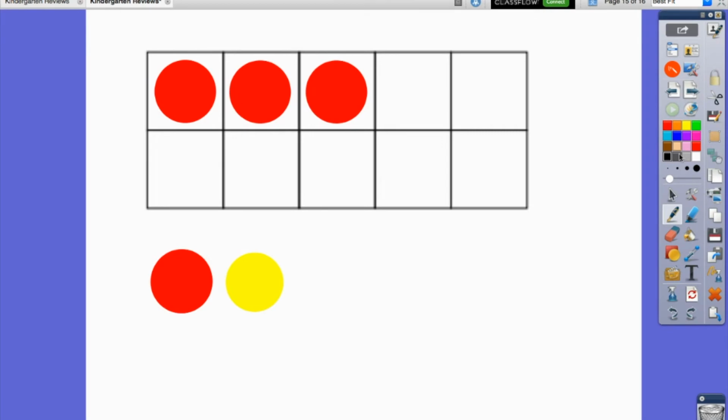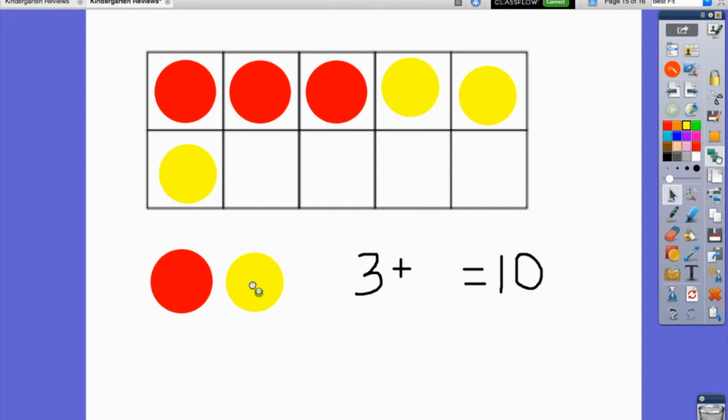Let's do one more. This time I have 3 red counters. How many more counters should we put on there so that we have a total of 10? Count with me. 1, 2, 3, 4, 5, 6, 7.